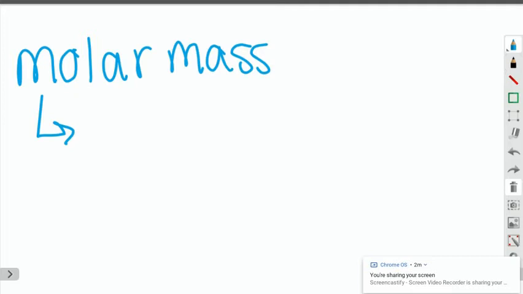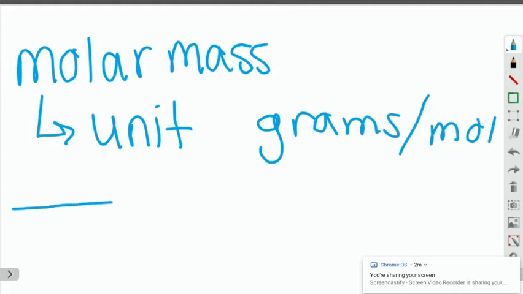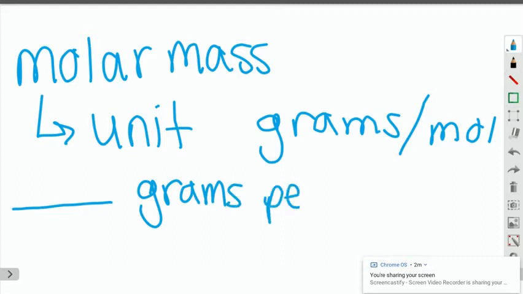We're going to use that in conversions because molar mass has a unit. Every time I would make you do a worksheet or anything, I said, remember to put the units, and you would key in on the Google form that the unit for molar mass is grams per mole. What grams per mole really means is that it's however many grams per 1 mole.